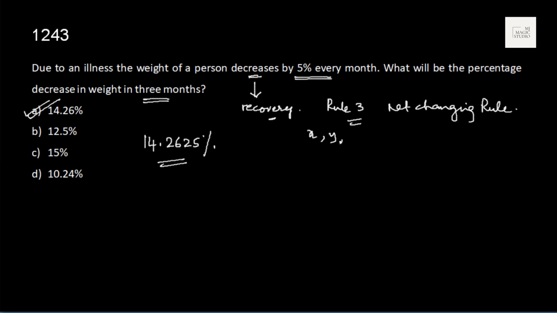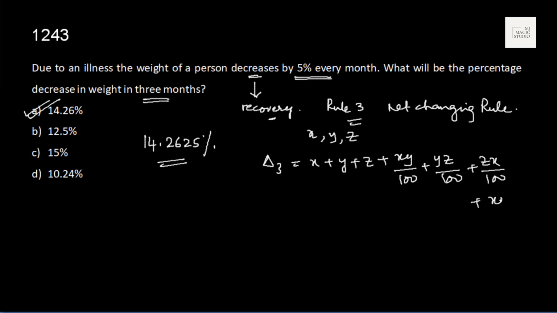This says that if x, y, z are the continuous percentage changes on a particular variable, then the net change is given by x plus y plus z plus xy by 100 plus yz by 100 plus zx by 100 plus xyz by 100 square, with the respective signs.